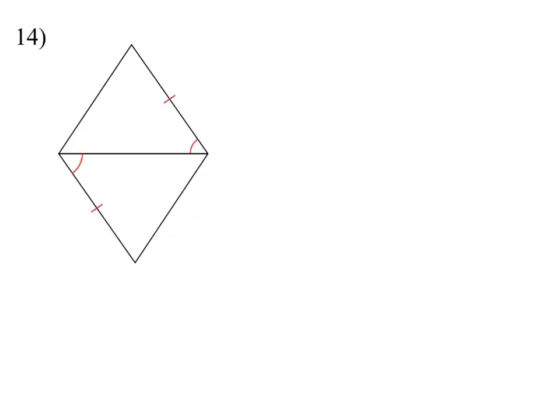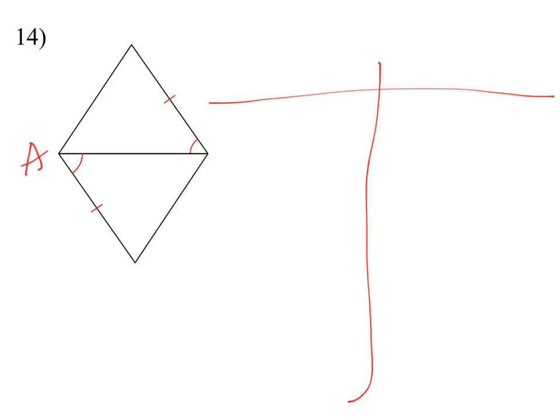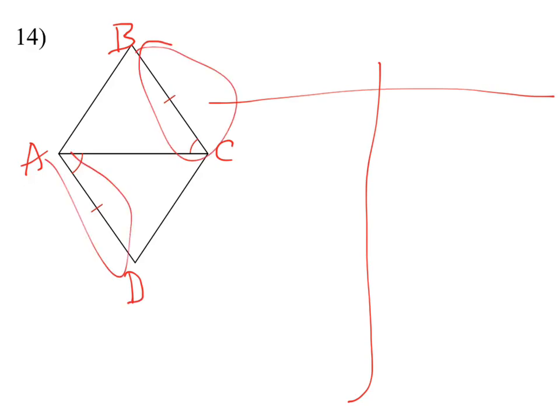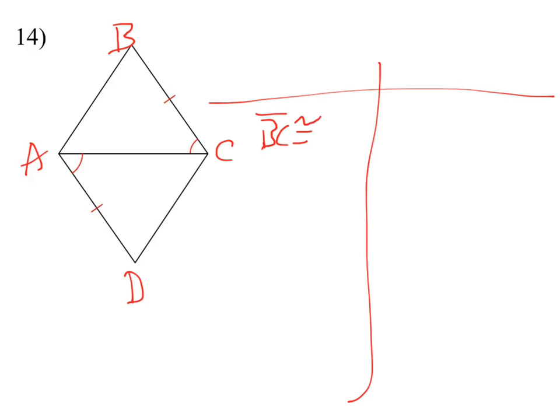That brings me to 14. I'm going to do the columns over here on the right side because I got a little bit more room. I'm going to just stick with the first letters of the alphabet because I'm lazy, I guess. I already have some congruence markings. Those two sides are the same. So BC is congruent to AD. And that's a given.